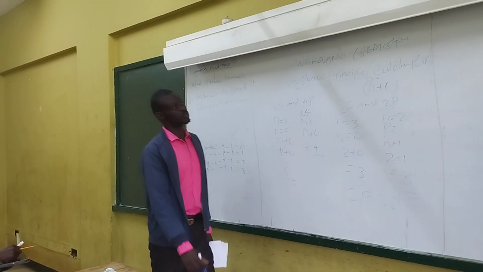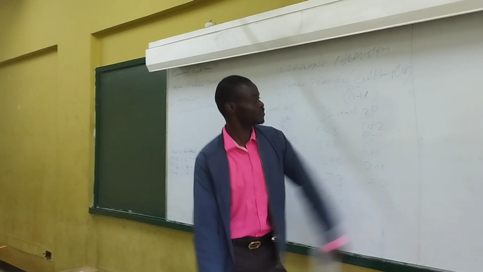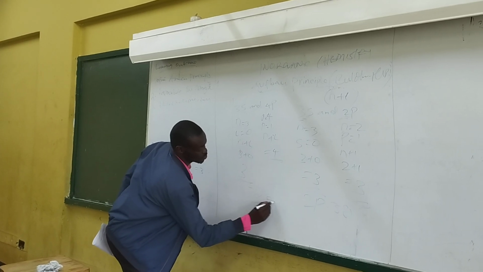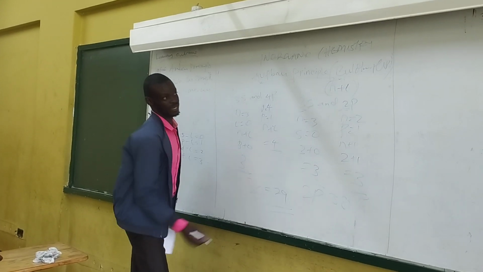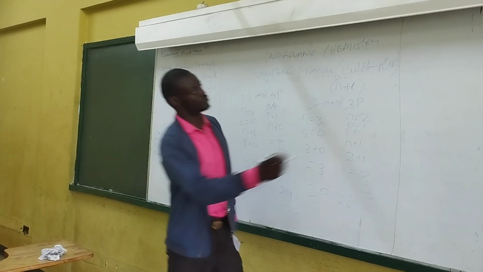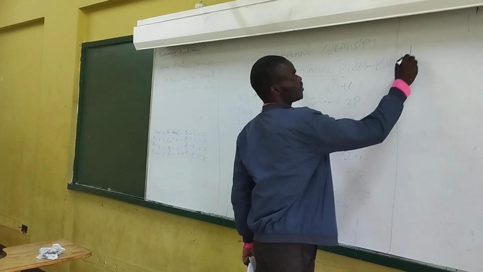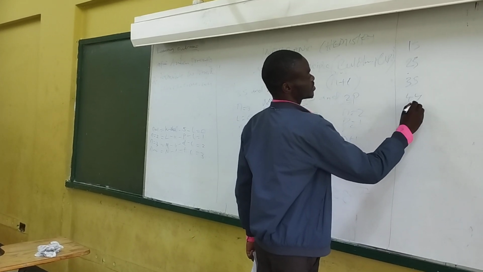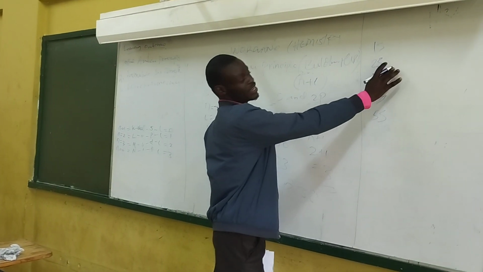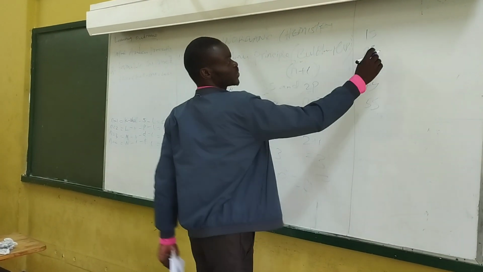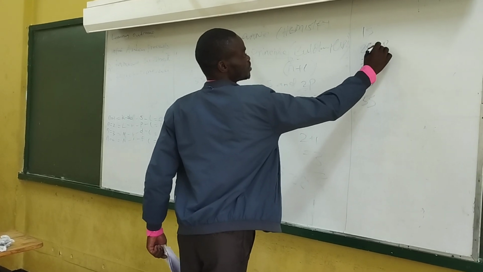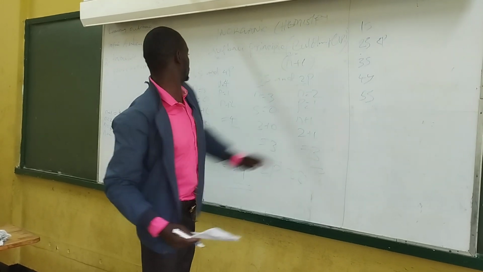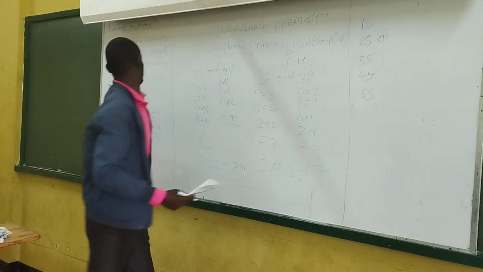Assignment: I want you to use the building up block to fill this element, Z equals 29, and identify the element. When I say use the building up block, it means you are going to use this formula: 1s, 2s, 3s, 4s, 5s. And when you come to p, you cannot start p from here, because when you look at our chart, p starts from 1.